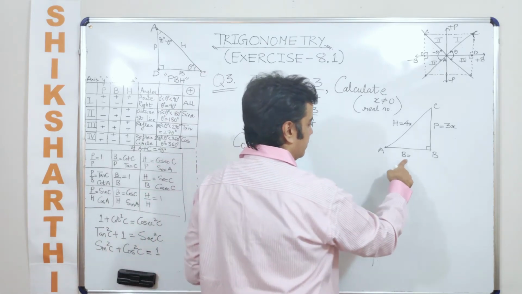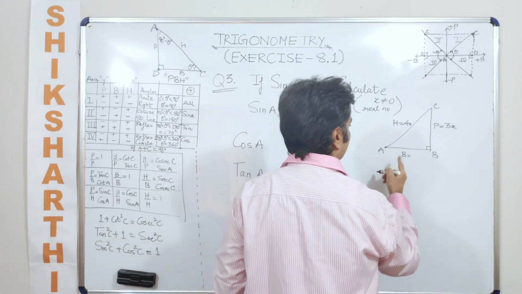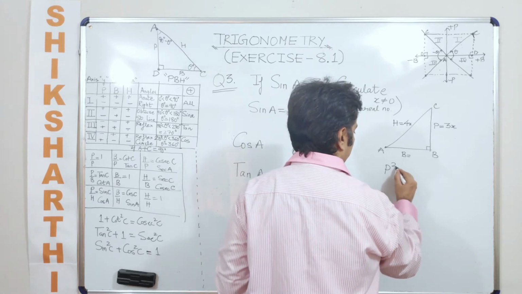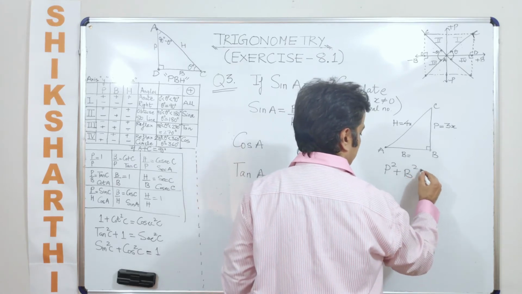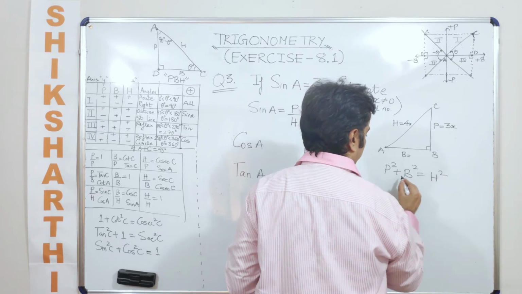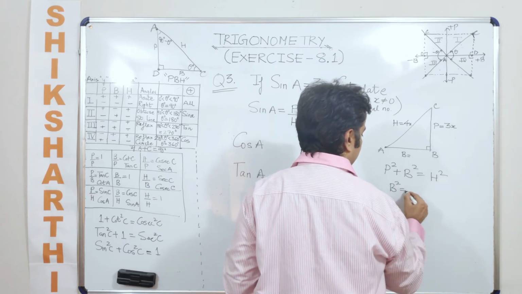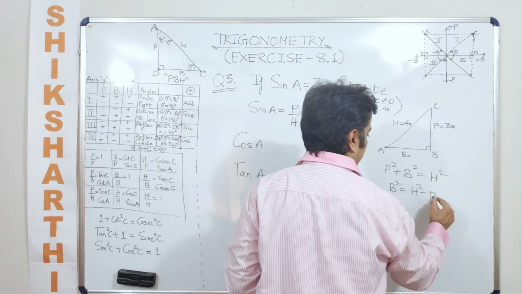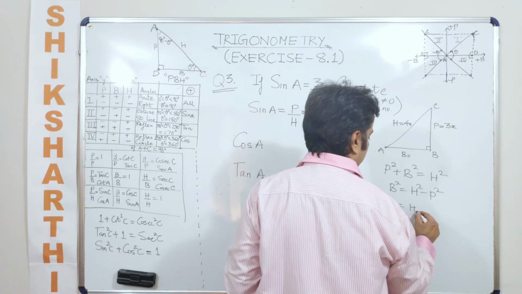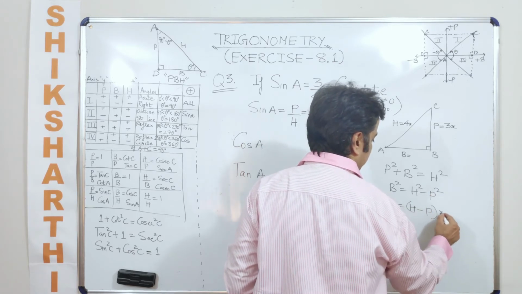Now in that case, we need to find out the value of this base. So we know that p square plus b square is equal to h square. So from here you get the value of b square as h square minus p square, which using a square minus b square, you can write as h minus p into h plus p.